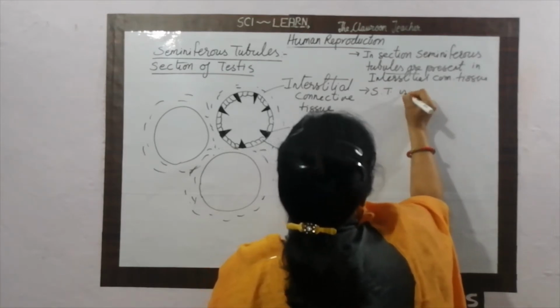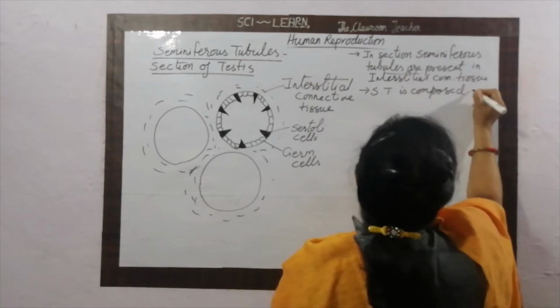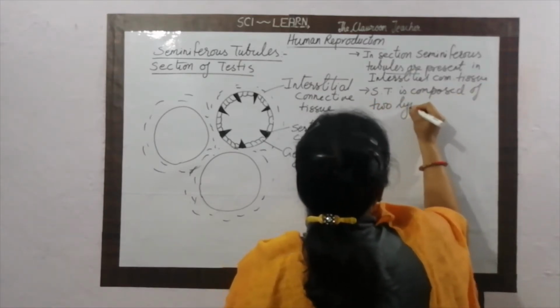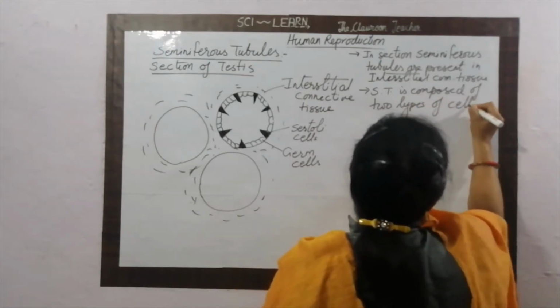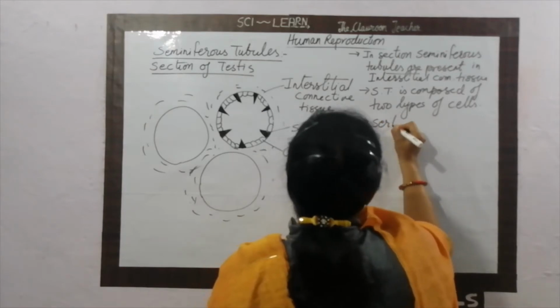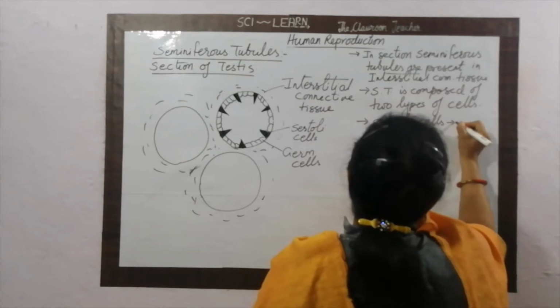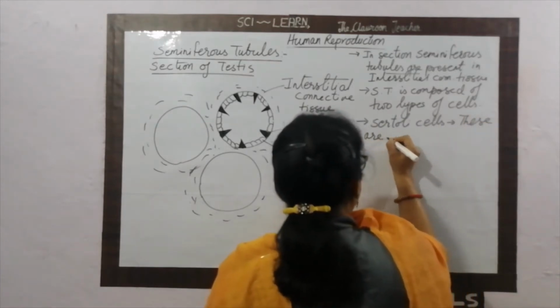Seminiferous tubules are composed of two types of cells. First, Sertoli cells. These are cone-shaped cells.